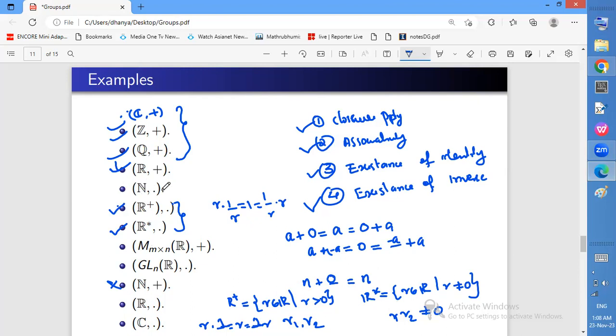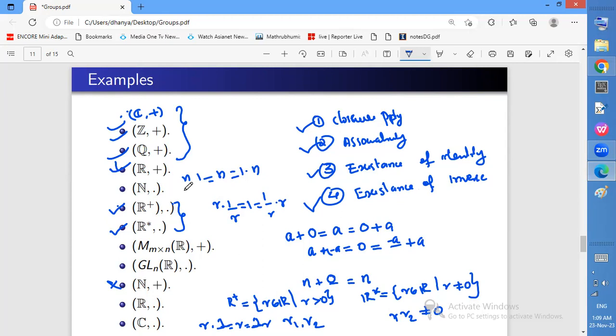Now, what about N under multiplication? If I am considering N under multiplication, we have the closure property because multiplication is a binary operation. Clearly, it is associative. There exists an identity element also. One is an element satisfying the property that n into 1 is equal to n is equal to 1 into n for every n belonging to N. That 1 belongs to this set N. So there exists an identity element. Now what about the inverse?